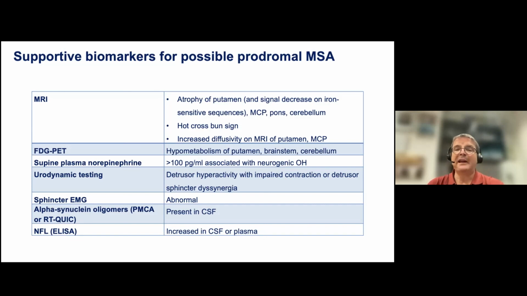Also, FDG PET with hypometabolism in putamen, brainstem, and cerebellum. Again, supine plasma norepinephrine levels greater than 100 picogram per milliliter associated with neurogenic OH. Urodynamic testing showing detrusor hyperactivity or detrusor sphincter dysynergia, or an abnormal sphincter EMG, or wet biomarkers including alpha-synuclein oligomers in CSF or neurofilament light chain in CSF or plasma.